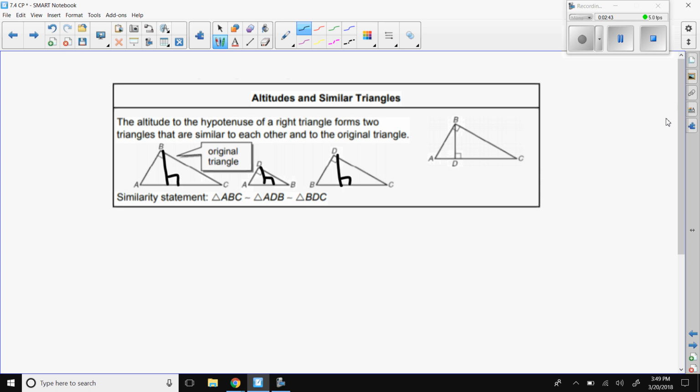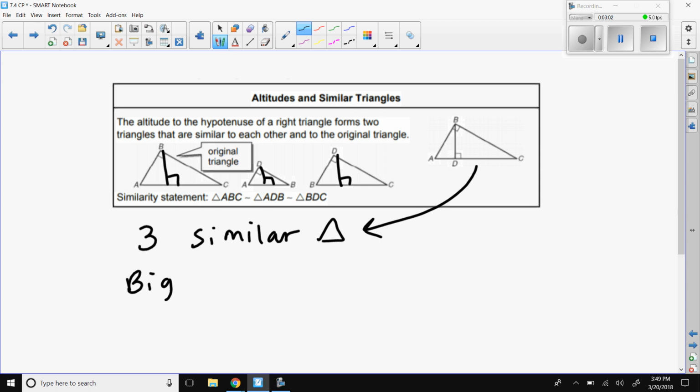Dropping into the right triangle, flipping it upside down, we end up with this mess right here. And what happens is we end up with three similar triangles.